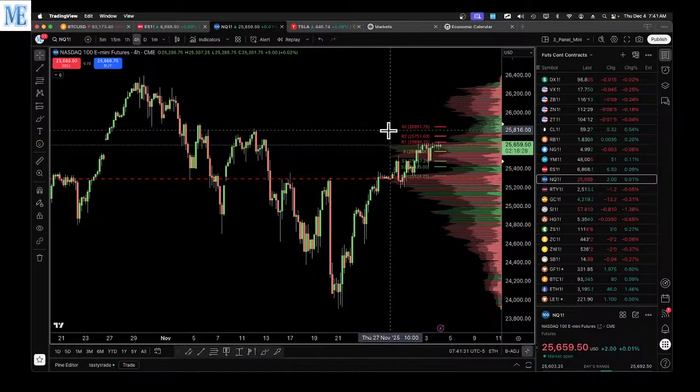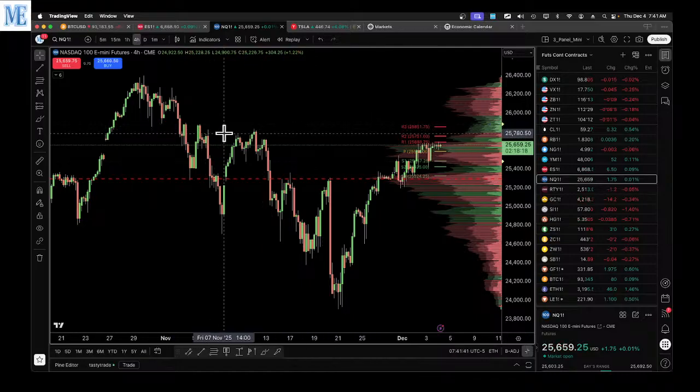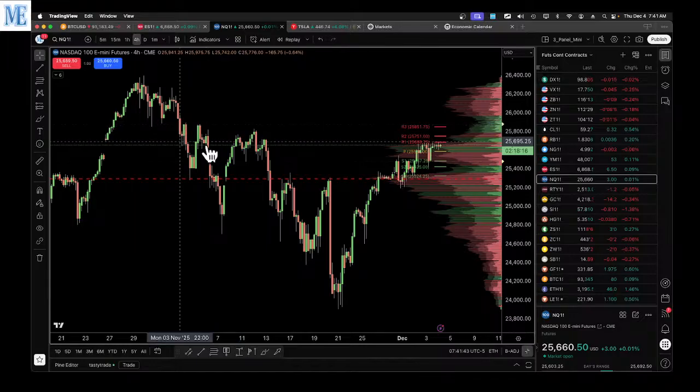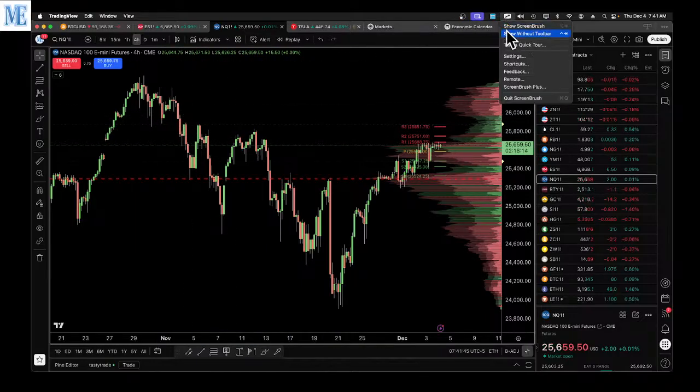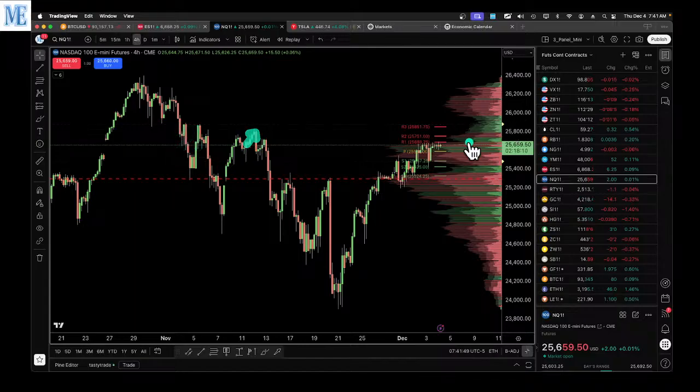R3 is 25,851. And just above that, I have marked 25,880, which is basically this area here, and kind of this area, which is kind of around R3. But I like that spot for a possible short if and when that gets there.